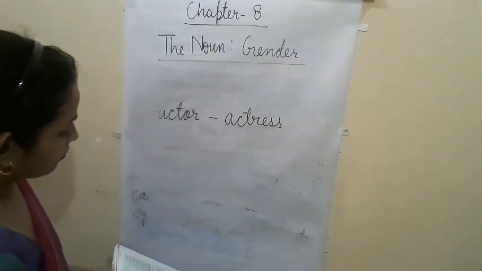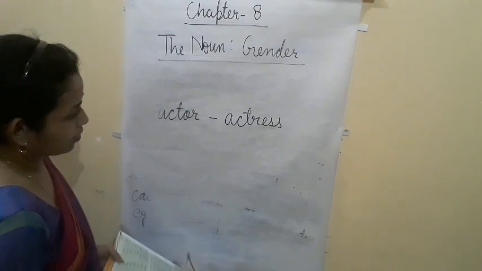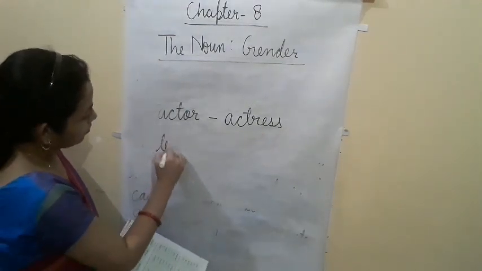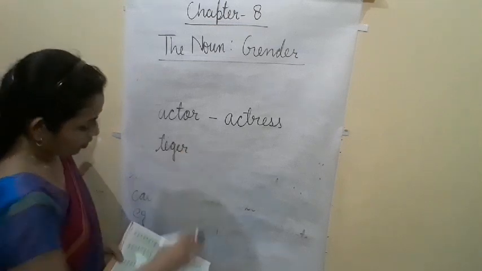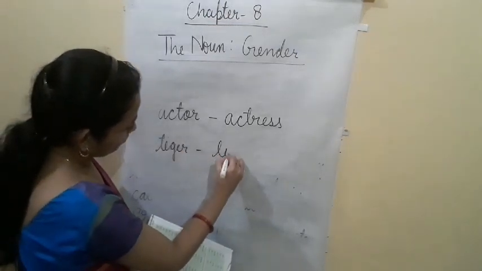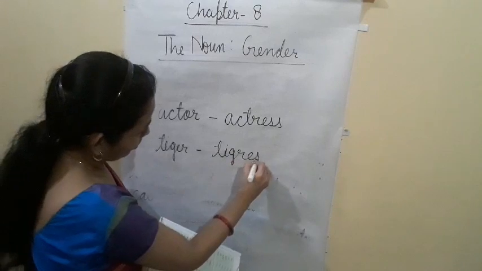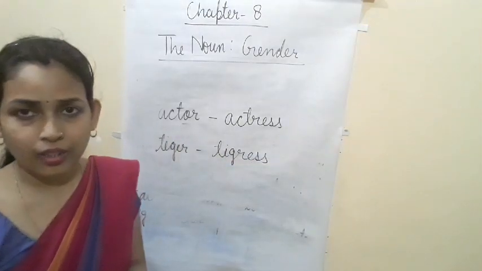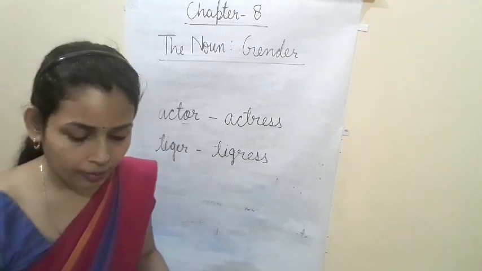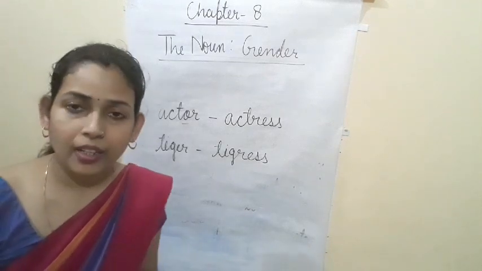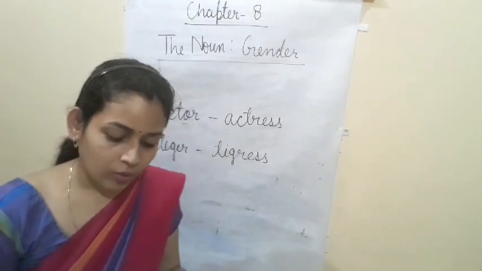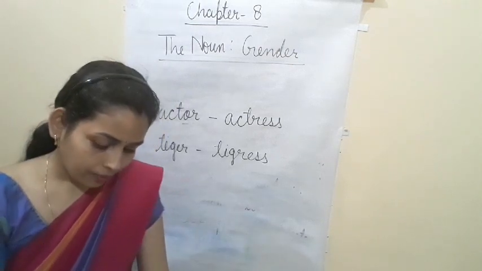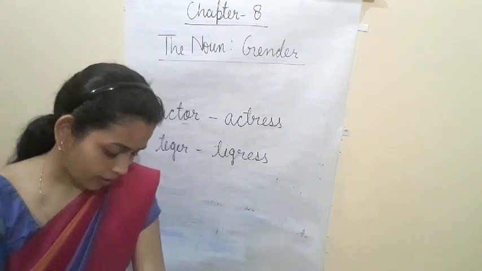Tiger, tigress. Okay, so O I have just removed there, now just you can see. So we have to keep in mind what will be the spelling, how we change into masculine gender or feminine gender or any gender if it comes. Okay, so we should know it.